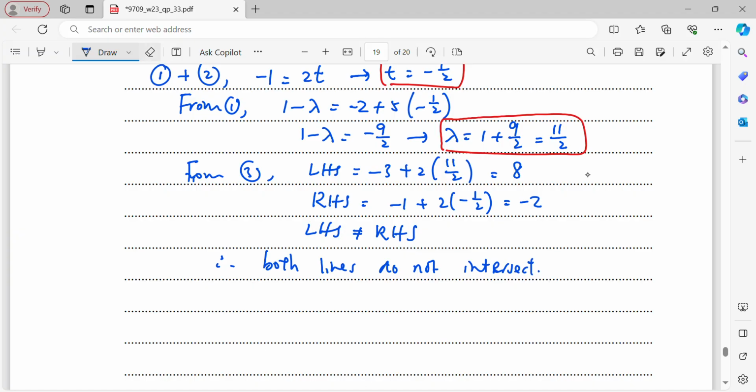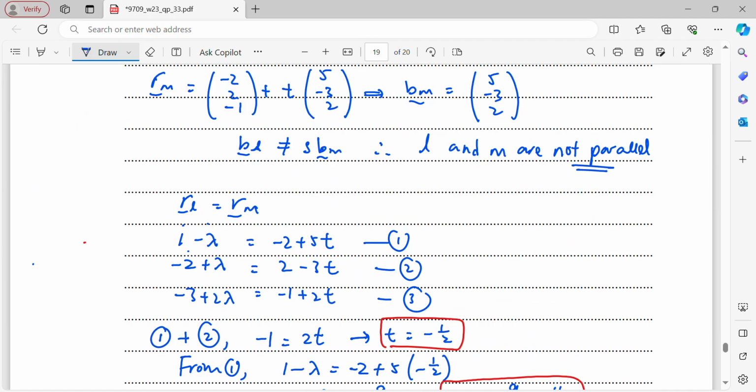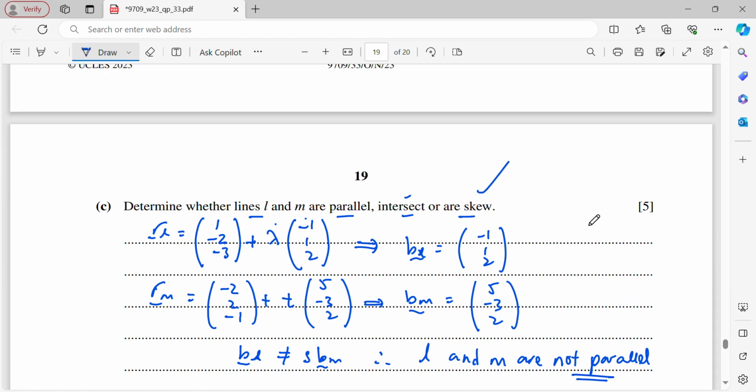Now, if both lines do not intersect and also they are not parallel to each other, that means definitely they are skew lines.